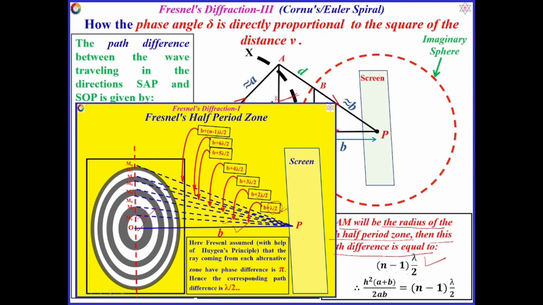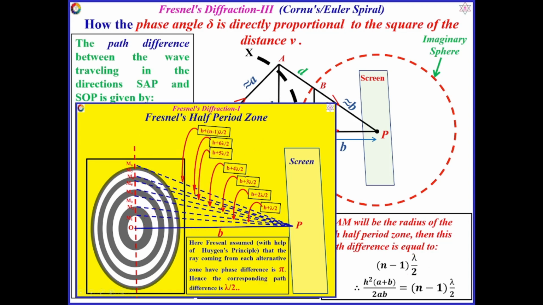For the third half period zone to the first, it is 2 lambda by 2. Then for the fourth to the first, 3 lambda by 2. Likewise for the nth, it will be (n minus 1) lambda by 2. If I consider the nth half period zone to the first half period zone, then it is b plus (n minus 1) lambda by 2. These things we already discussed in our first video.